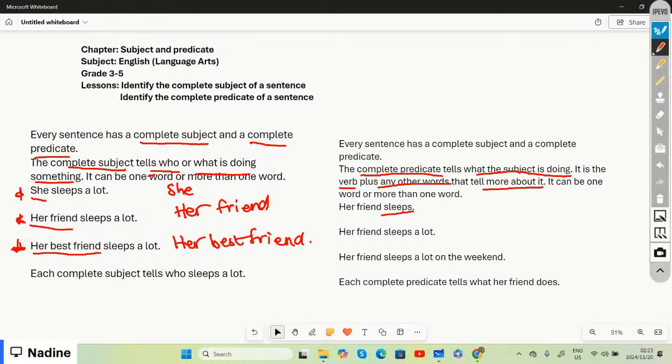And if we were to identify the predicate within the sentence, then we can say it is sleeps a lot, because now it tells us what the subject is doing.